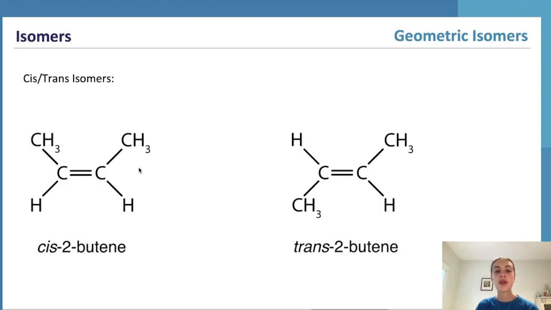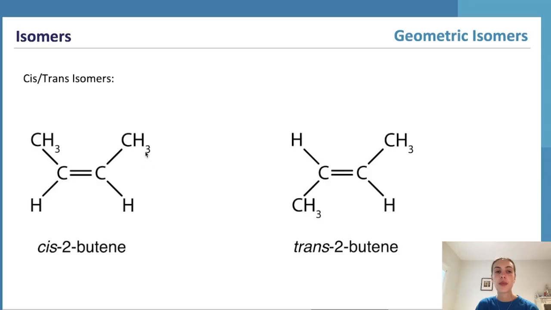However, the one thing which we can notice is different between these 2 isomers is that the cis-2-butene has the carbons on both sides, so when the arrangement from the double bond occurs, we've got these carbons on the same side, and then we've got the hydrogens on the same side. However, when we've got trans-2-butene, we can see that we've got 1 hydrogen on this side, and 1 hydrogen on this side, and then 1 carbon on this side, and 1 carbon on this side.